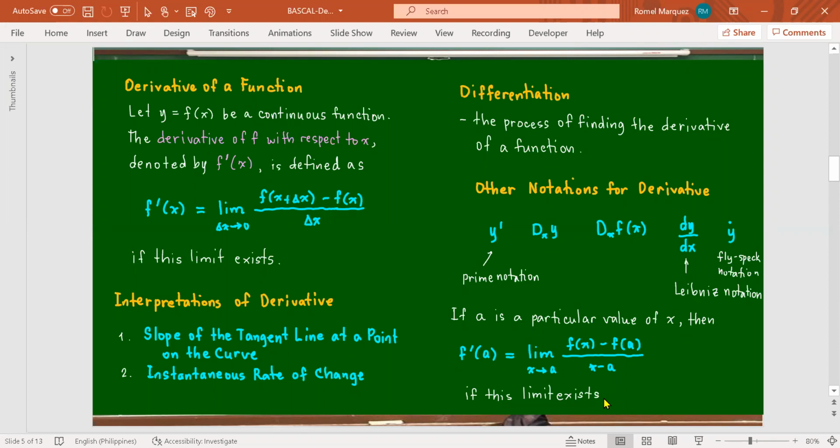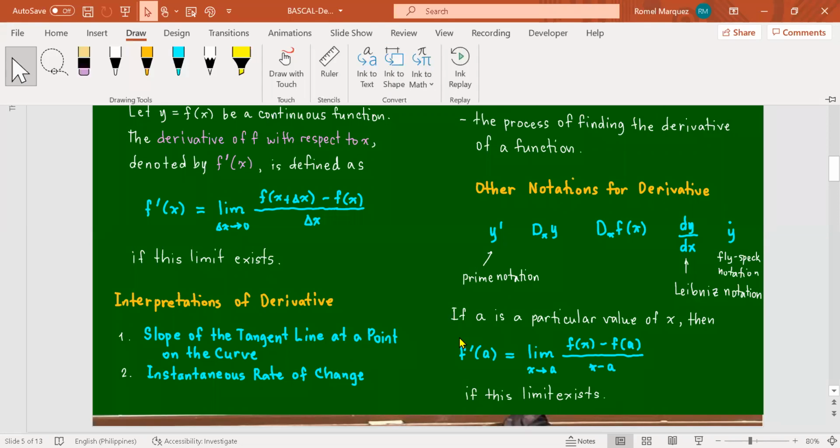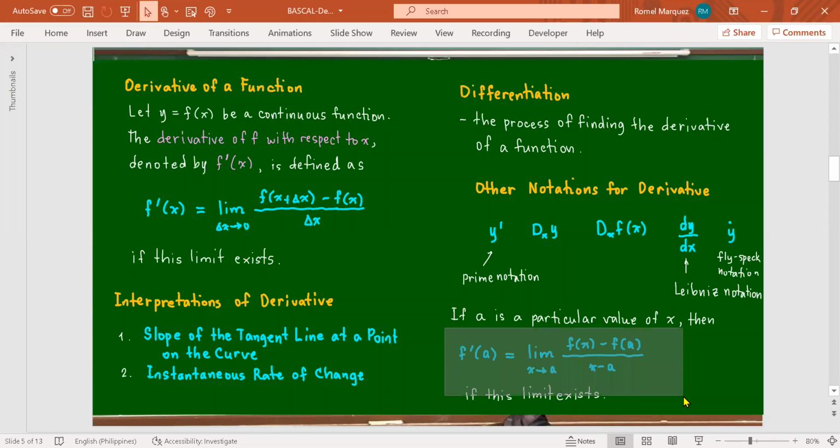And if you know a particular value of x, so that is how to compute the particular value. Because derivative is defined by limit, and we know that there is what we call left-hand limit and right-hand limit. There is also what we call right-hand derivative and left-hand derivative. So these are called one-sided derivatives.